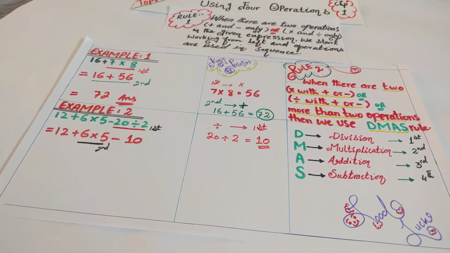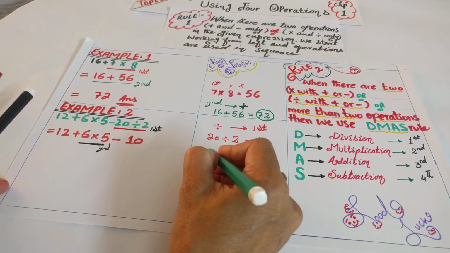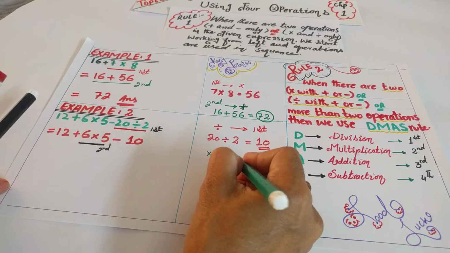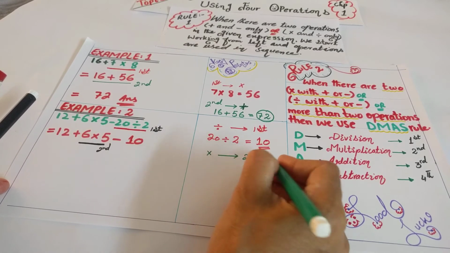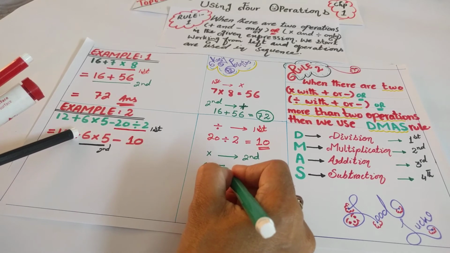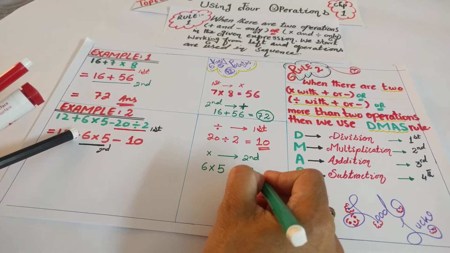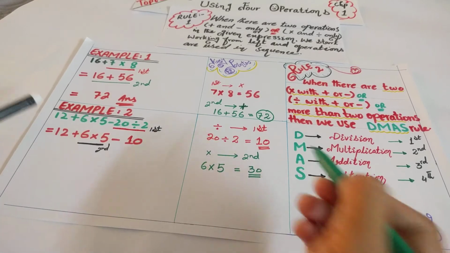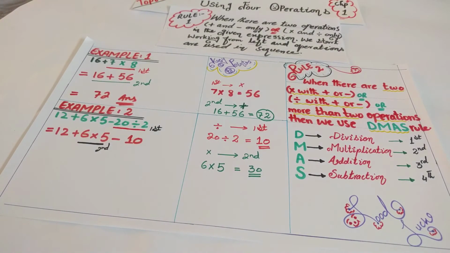What's in multiplication? 6 multiplied by 5. 6 5s are 30. So our answer is 30.